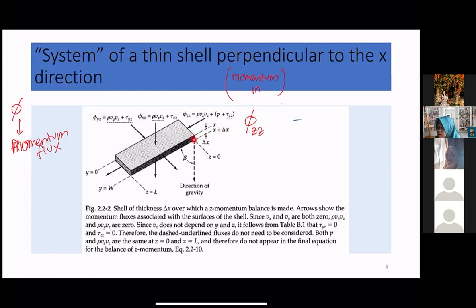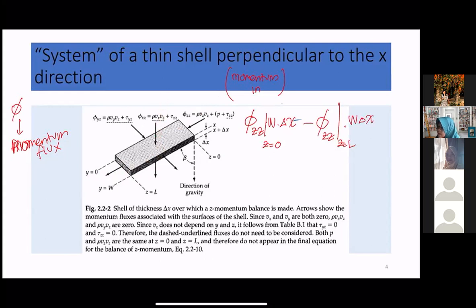So this is W multiplied with delta x, at z equal to 0. Then we can write the out one: Czz when z equal to L, multiplied again with W delta x. That is on this side.